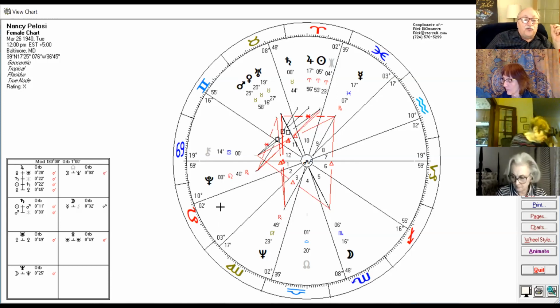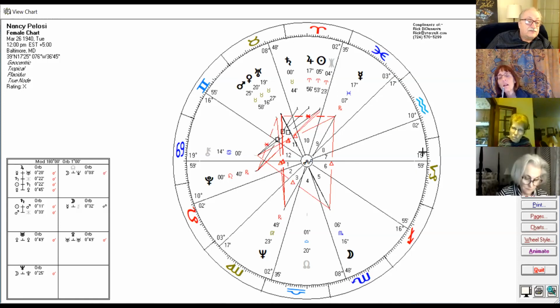So in house systems, there are cusps; in planets and signs, there are not. If I have a planet right here, it's technically in the 6th house, but it's starting to affect the 7th house. You can actually have a planet that is affecting the 6th and the 7th. These placements are very important.